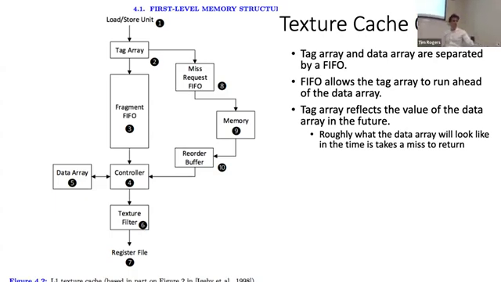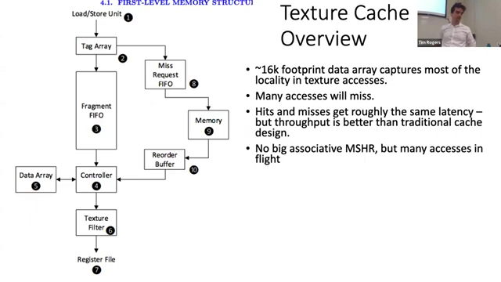The basic idea here, and it's a clever idea, is that we're going to have the tag array run ahead of the data array. The accesses are going to come in the load store unit, and they're going to insert themselves in the tag array, even if the data isn't there yet.